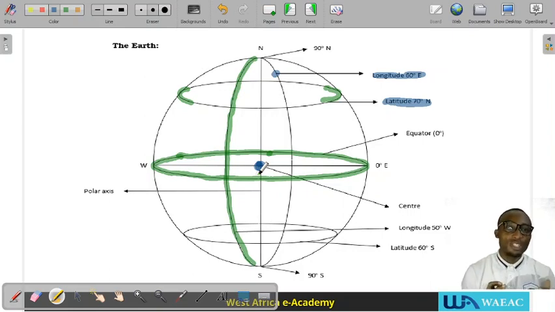And where longitude and latitude intersect, that is where we get a point, a position or location on Earth's surface. Please take note of that. That is the key thing I want you to take note of. Where the longitude and latitude intersect is any place on Earth's surface.